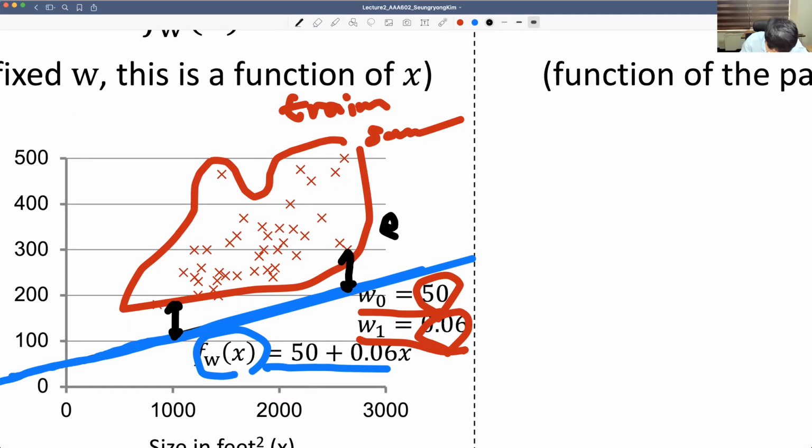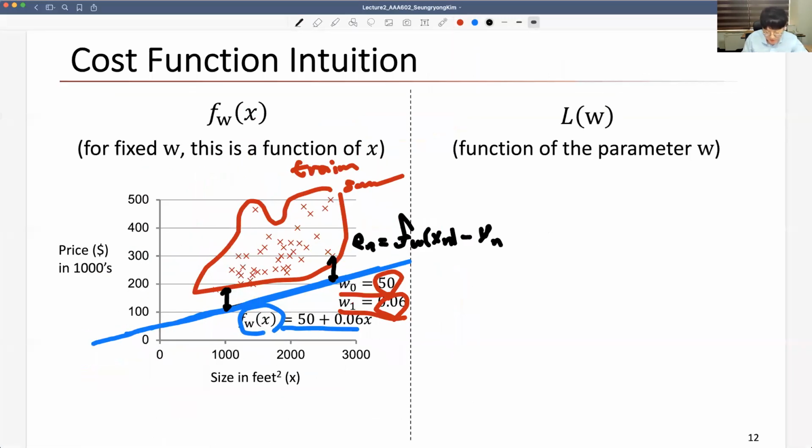For example, e_n is equal to f_w(x_n) minus y_n, right? We can measure these kinds of errors for each sample.